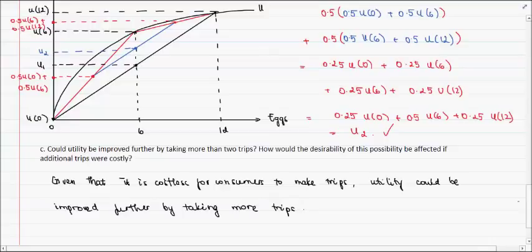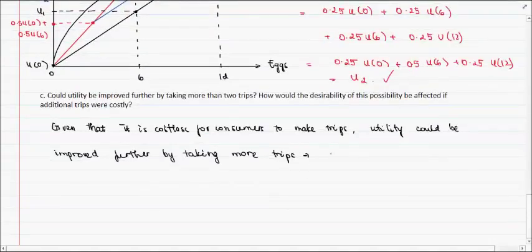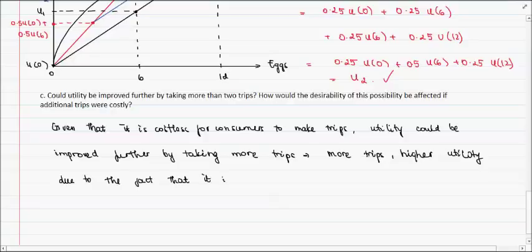Or to be more precise, the more trips the consumer takes, the better the utility is going to be. More trips, higher utility, due to the fact that it is less risky for the consumer, or the diversification is going to make the consumer better off.